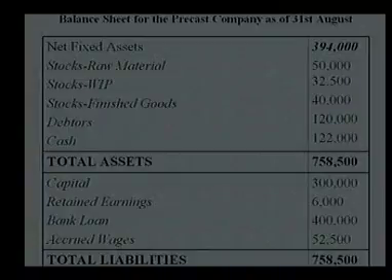So total asset is coming to be 758,500 and total liability is coming again to be 758,500, which is including capital, retained earning, bank loan, accrued wages.